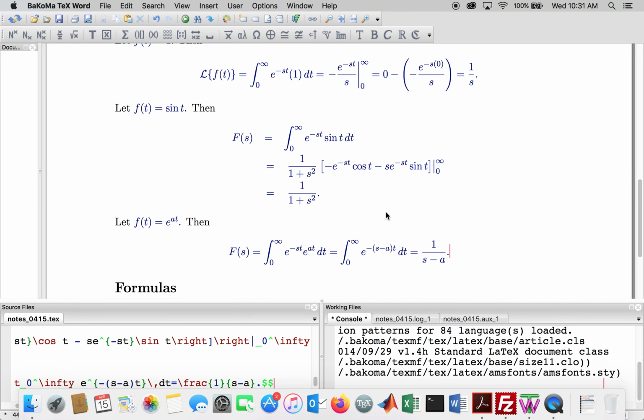So those are a few essential Laplace transforms. And in this case, I've used the definition, but we are actually not going to be making use of the definition at all for the rest of the way. So I'm not going to give you any problems where you must use the definition directly to come up with a Laplace transform of a function. Instead, you're going to be using certain formulas that have already been worked out.